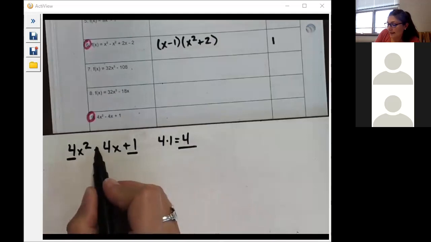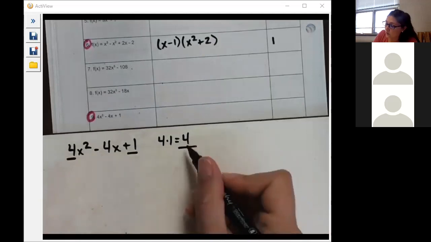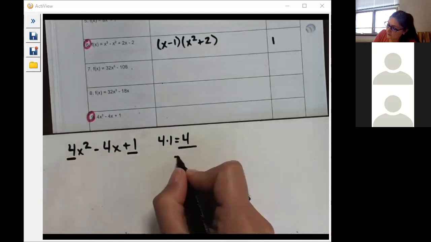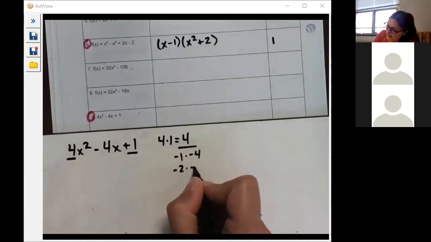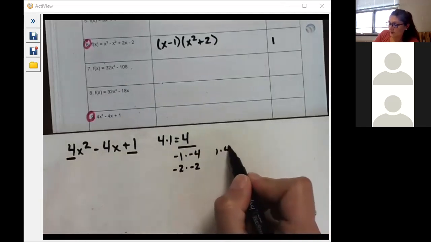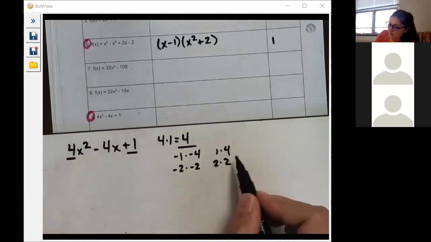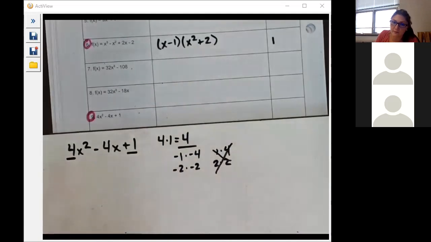Since I want a negative out of here, and I've got a positive right now, that's a pretty good hint that I'm going to want to use negative times negative. So negative 1 times negative 4, or negative 2 times negative 2. I would also have positive 1 times positive 4, and positive 2 times positive 2, but none of those are going to add to a negative number, so I'm going to skip over those.